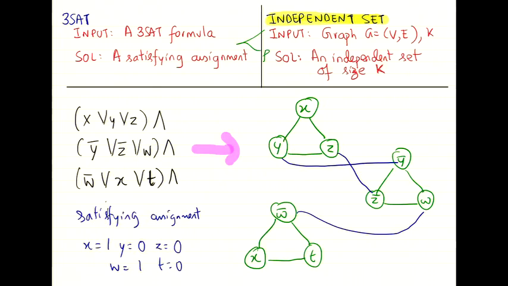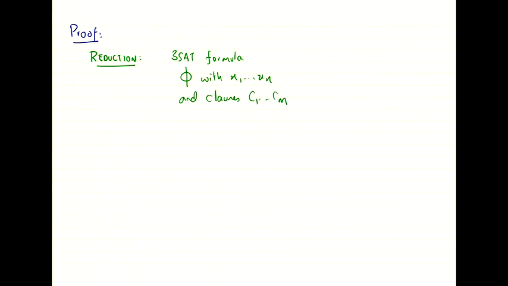Well, you get a 3-SAT formula phi on n variables x1 through xn and a bunch of clauses c1 through cm. Now I need to show how you construct a graph. I take this 3-SAT instance and convert it into a graph.